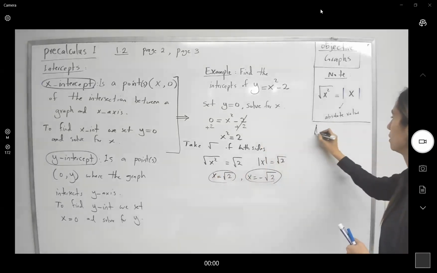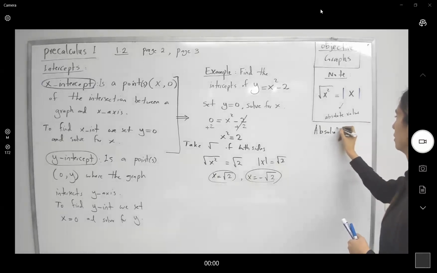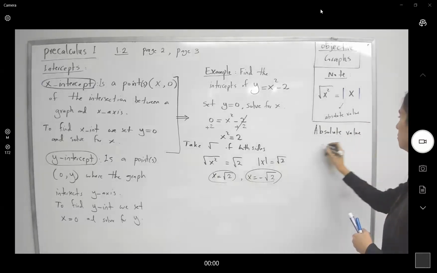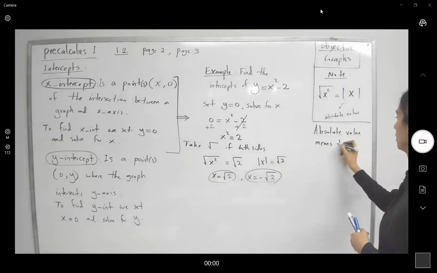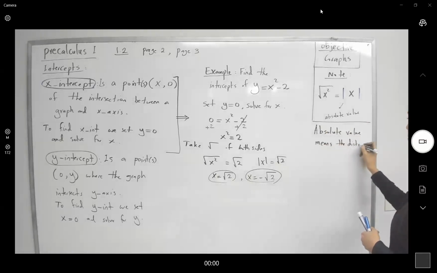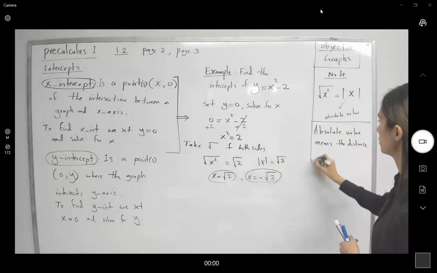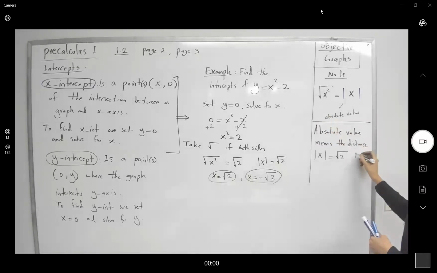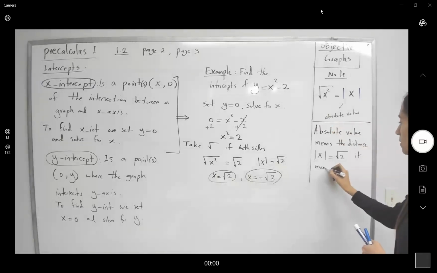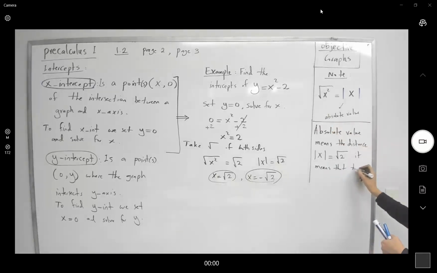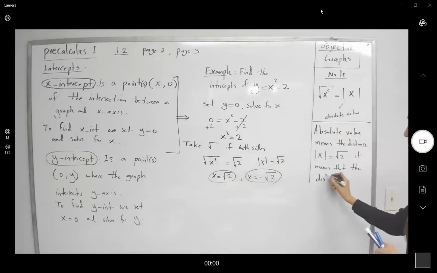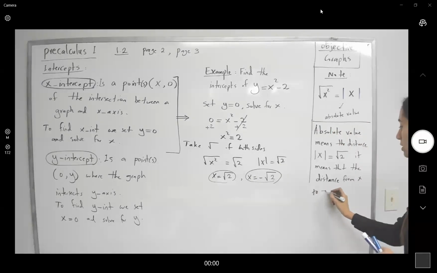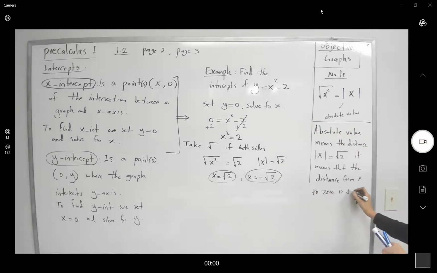Absolute value means the distance. So when we say that absolute value of x is equal to square root of 2, it means that the distance, the measurement from x to 0 is square root of 2 units.